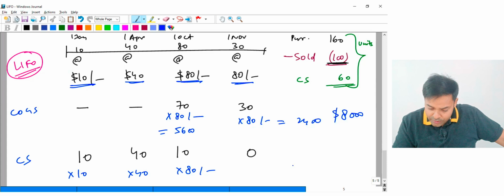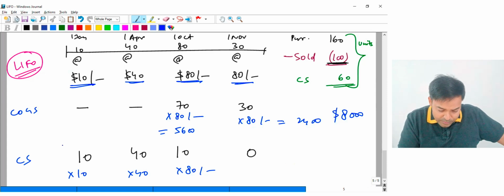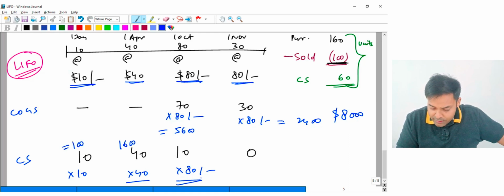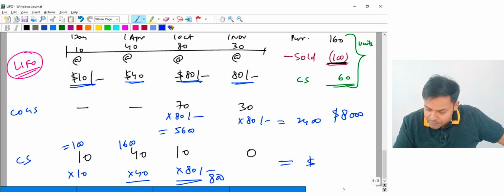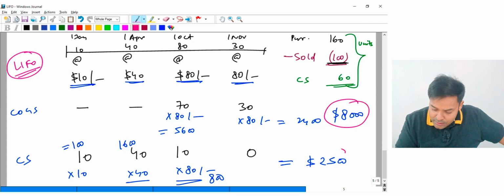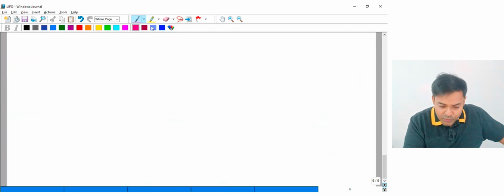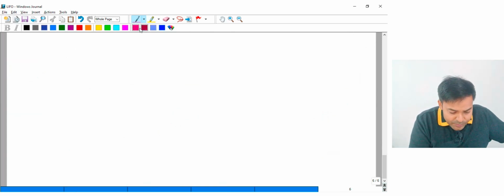And the value here should be, sorry, it should be $100. It should be $1,600 and 800. So it should be 2,400, 2,500. So this is COGS, this is closing stock. So I'm writing it here: COGS, closing stock.